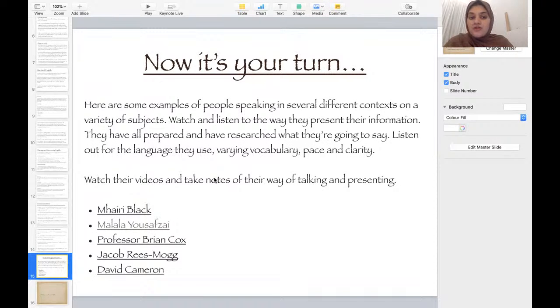Here are some examples of people speaking in several different contexts on a variety of subjects. Watch and listen to the way they present the information, and they have all prepared and have researched what they're going to say. So listen out for the language they use and the varying vocabulary, pace, and clarity they have in their voice.